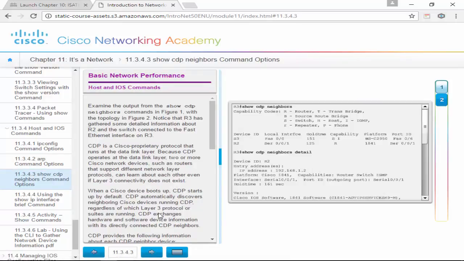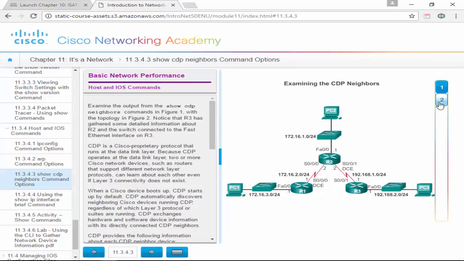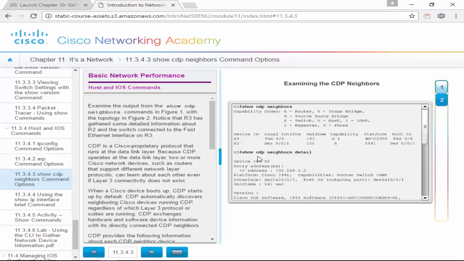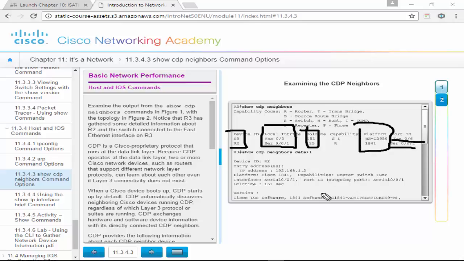Now there's the show CDP. This is a new one. Show CDP is a Cisco proprietary command, and it stands for Cisco Discovery Protocol. And so show CDP neighbors shows our directly connected Cisco neighbors and what their name is, what we're connected to them with, when's the last time we had a CDP packet or hello sent to them, and what platform they're running on, and what port we go to on them.